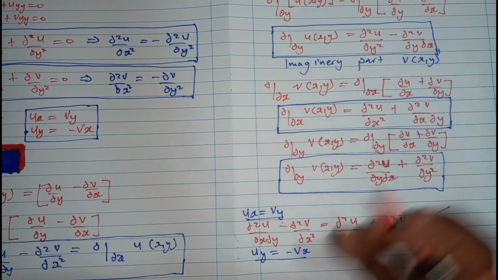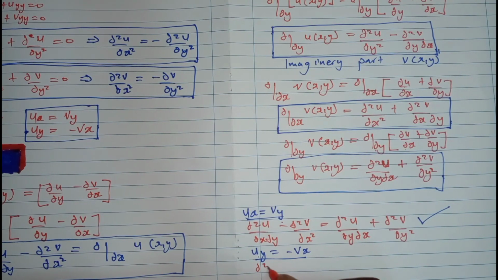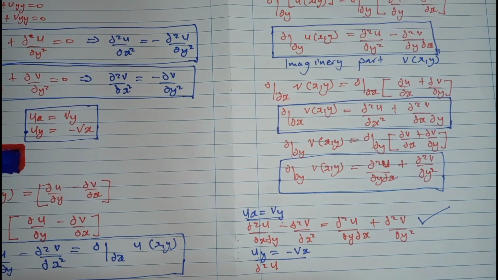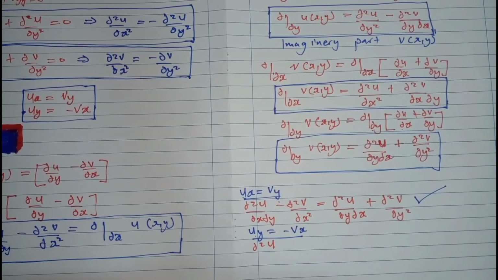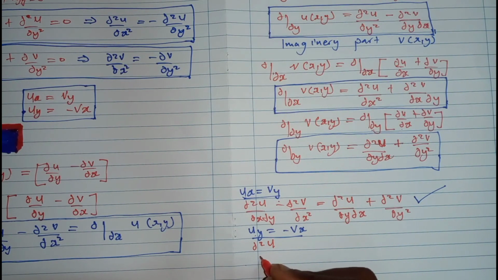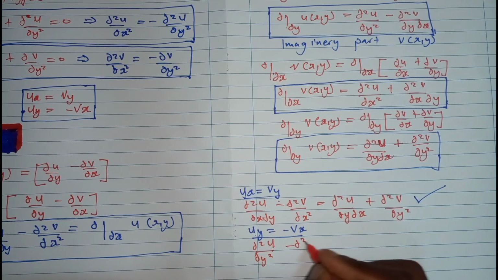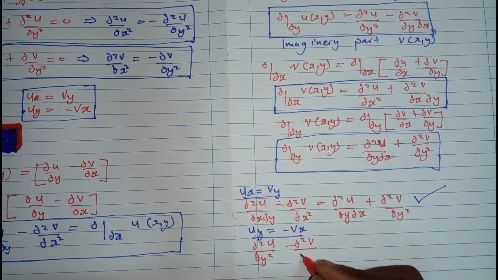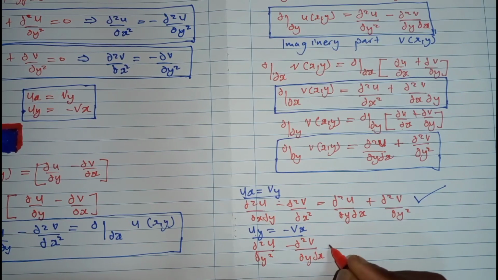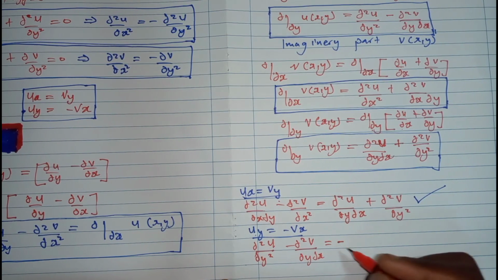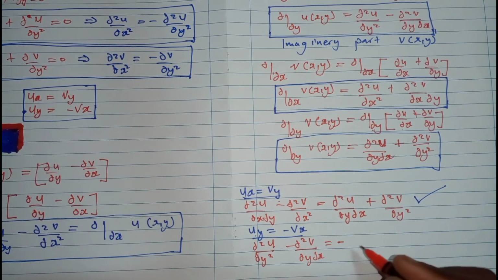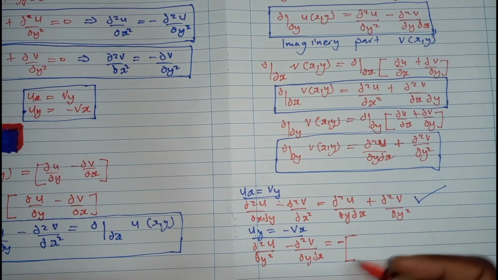I'm going to write partial 2u divided by partial y squared minus partial 2v partial y partial x is equal to the negative, remember we have a negative here, vx.